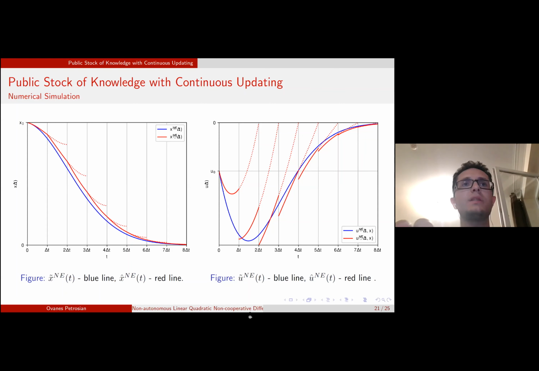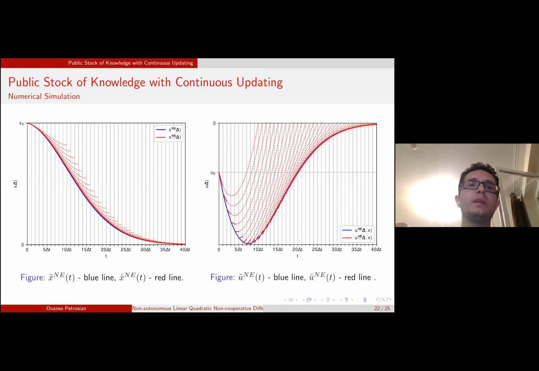So you can see that the trajectories and the strategies are not quite the same. But what happens when the number of updating instances, or the value of the updating interval, converges to 0? We have the convergence. There are the two theorems before showing that.